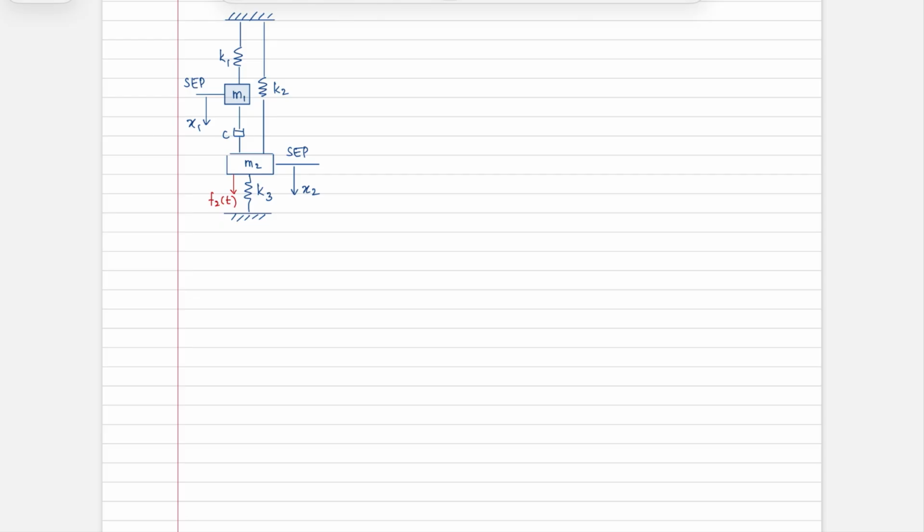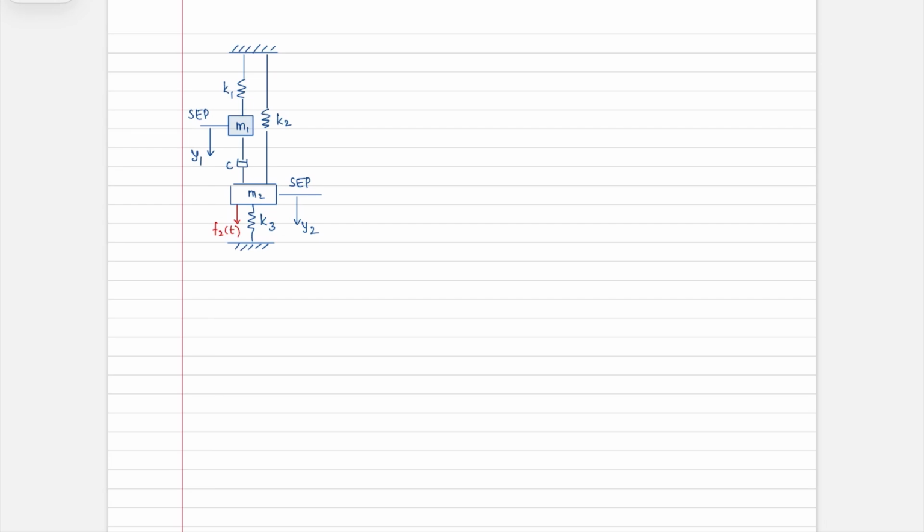I'm gonna name this as y1, y2. Okay, so you have to now take into account the fact that at the SEP, the static deflection in this spring, in this spring, and this spring, they're all accounting for the gravitational forces that are acting.